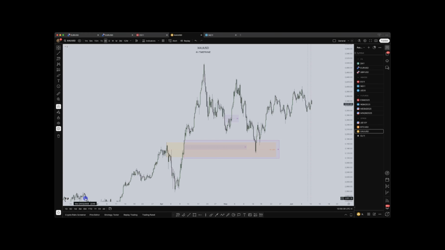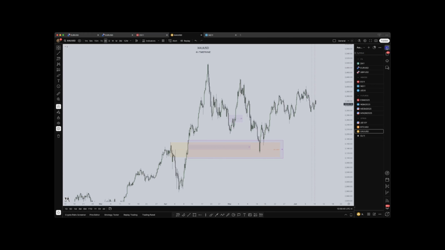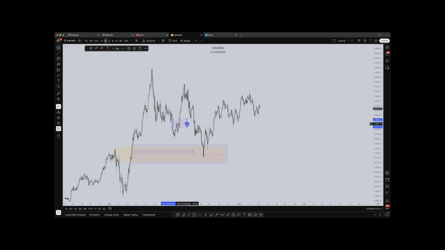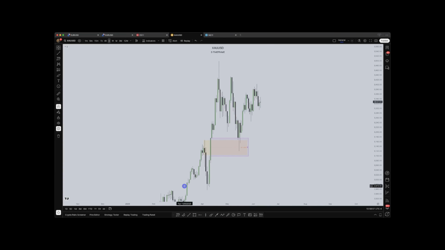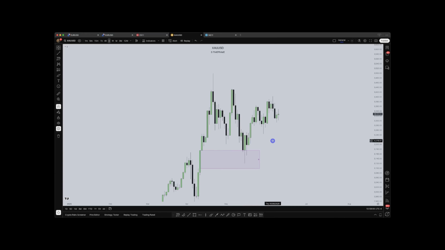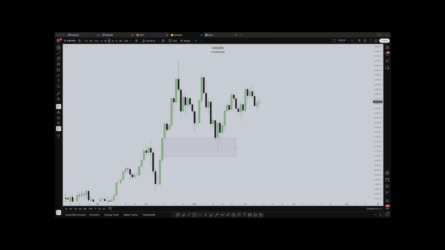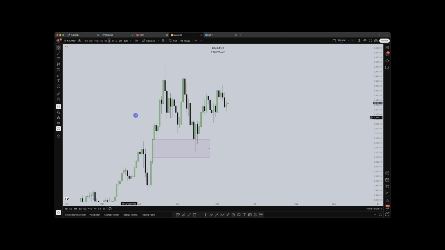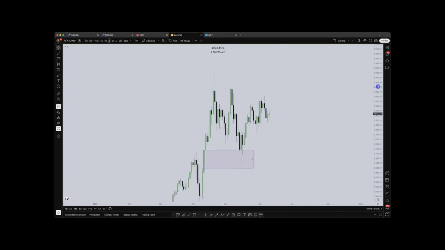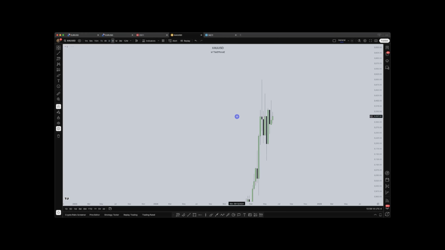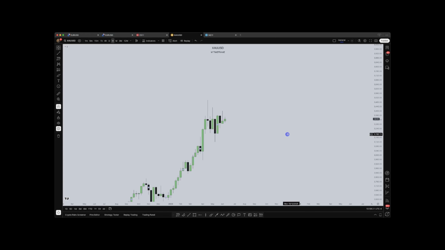Okay, so we have here gold. So yeah, sorry man. Okay, well, let's do this. Let's check this gold asset weekly. It's kind of like a consolidation here.